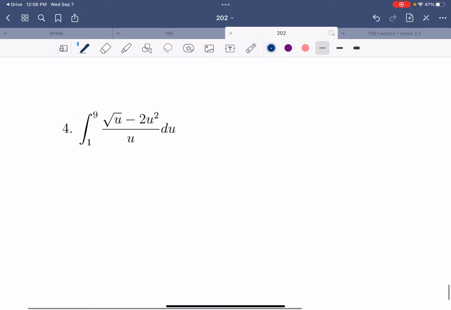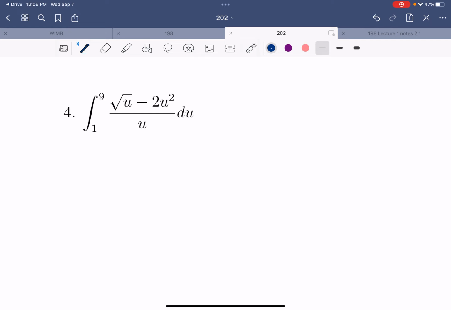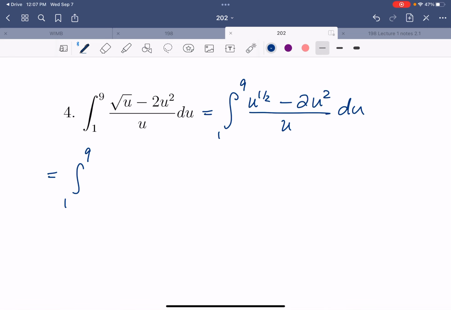For number 4, the tricky part here is a little bit of simplification to find your antiderivative. So before I do anything, I'm going to rewrite this as u to the 1/2 minus 2u squared all over u. As of right now, we have no techniques for managing the division, so I'm going to have to divide that through. So I'm going to have u to the 1/2 over u minus 2u squared over u du.